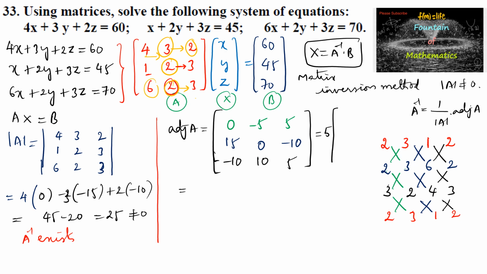5 times of 0 minus 1 1, 3 0 minus 2, minus 2 2 and 1.